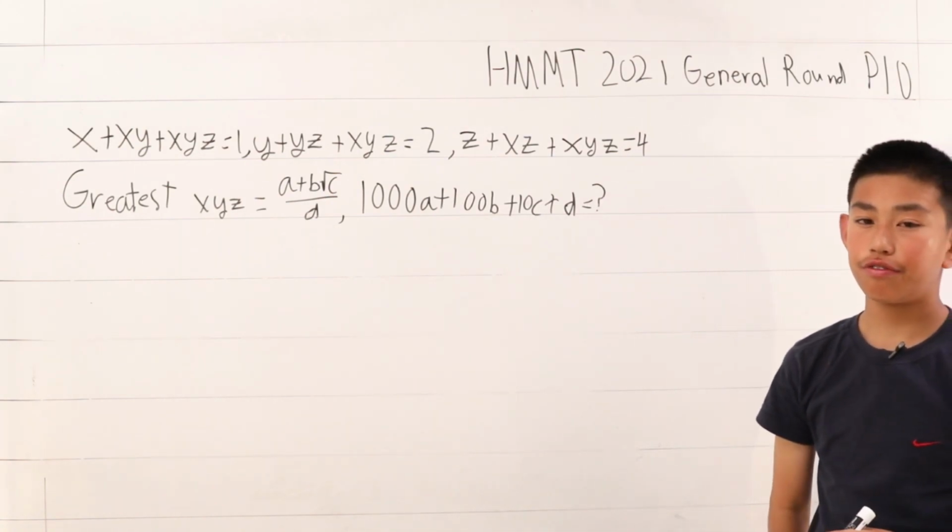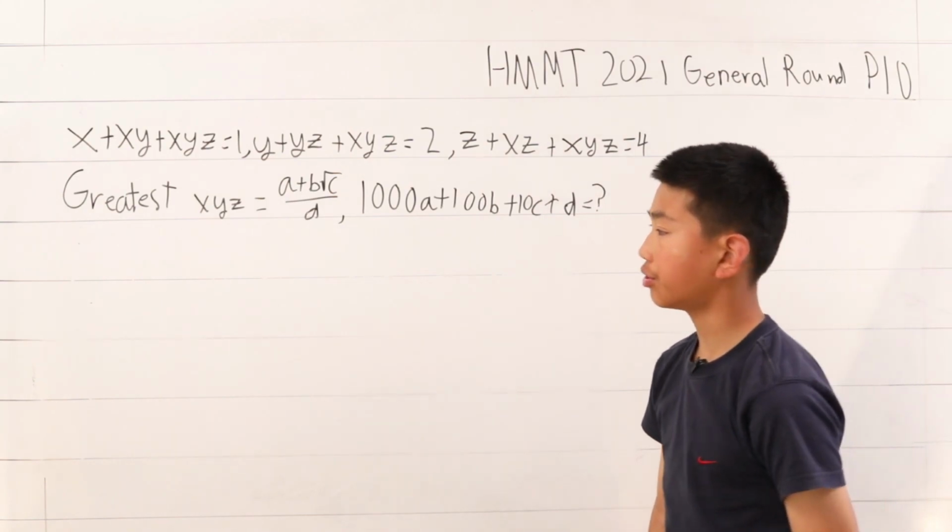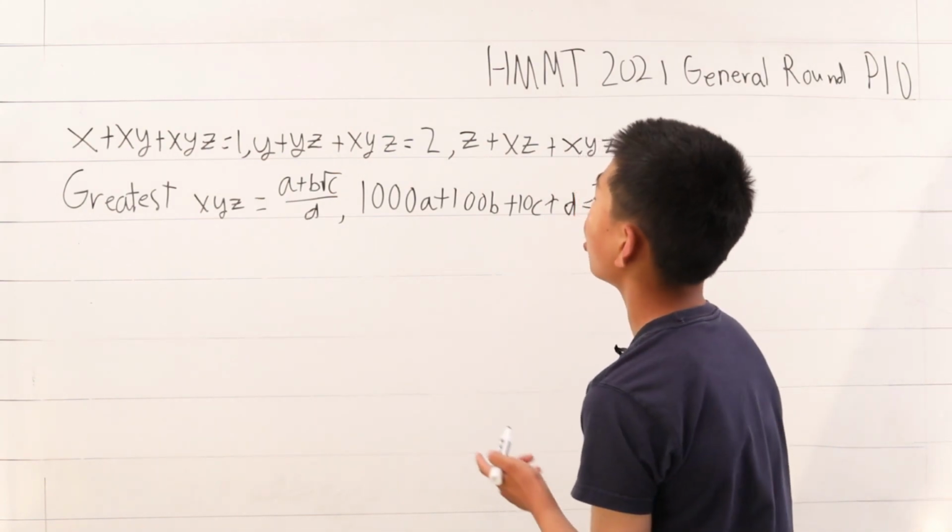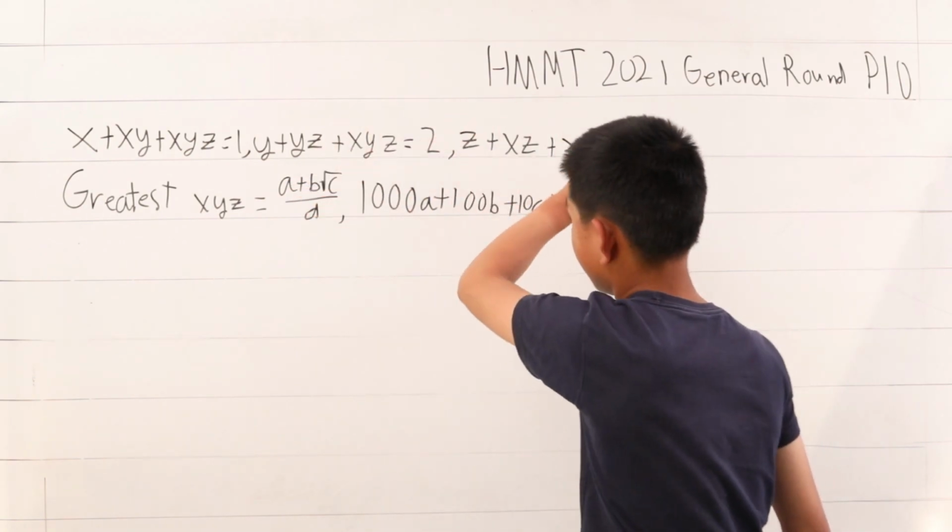So we need to actually find two substitutions. How can we do that? We can do that by first adding all these up.